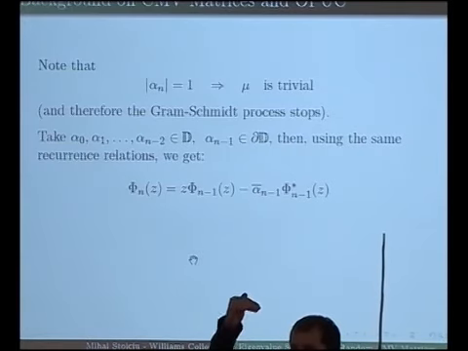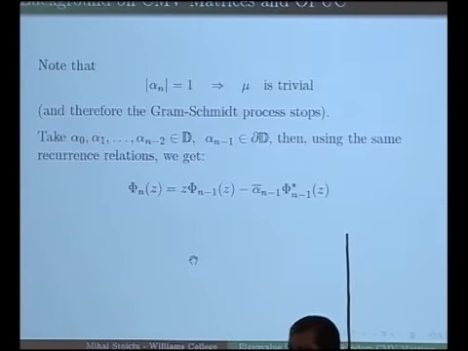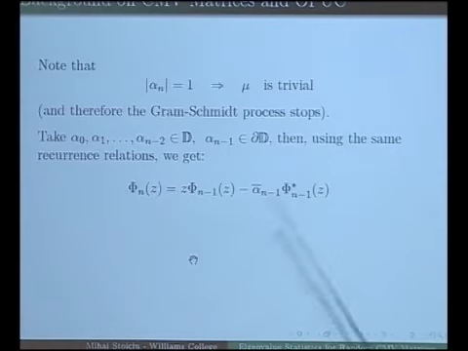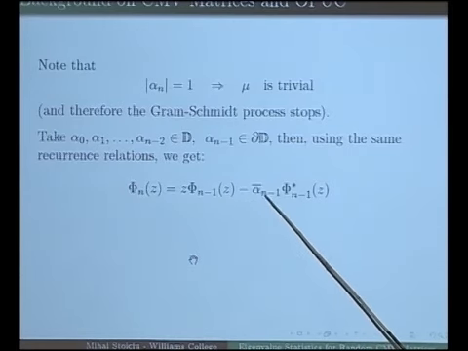Yes. If you start with a measure on the circle, that's the truncation procedure, right? The truncation procedure corresponds to the case when the original measure is trivial, supported on finitely many points.